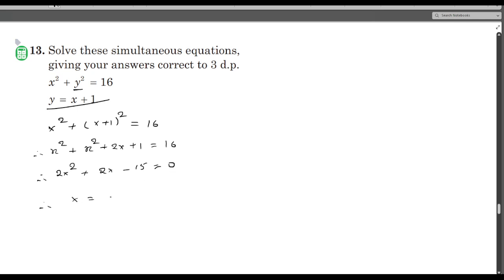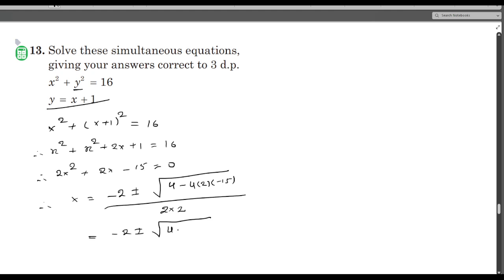Therefore x is minus 2 plus minus root of b square, which is 4, minus 4ac, whole divided by 2 times a. This is equal to minus 2 plus minus root of 4 plus 4 times 2 is 8, 15 times 8, 120. So 4 plus 120 divided by 4. So this is minus 2 plus minus root 124 divided by 4.